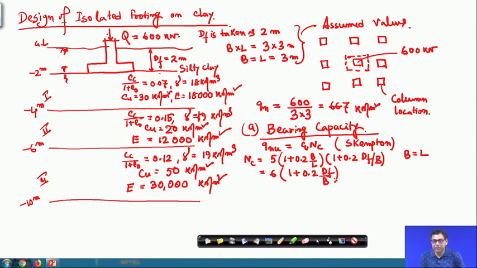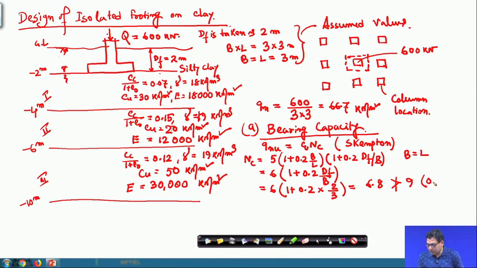This is the expression for the square footing. Here we take Df as 2 meter and B as 3 meter. So, it is coming out to be 6.8, which is not greater than 9.